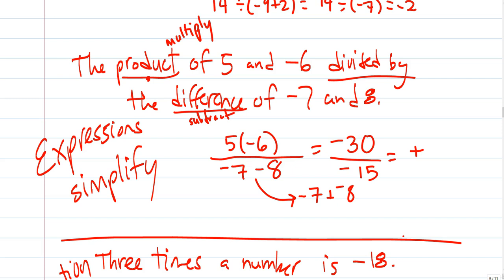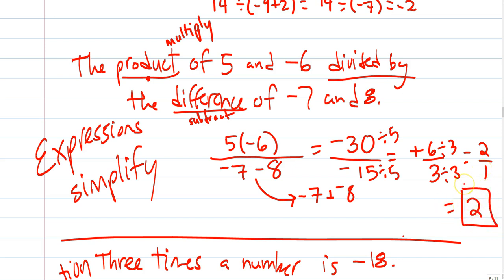I get 2 and I'm done. If you don't see that, you could try to reduce it by dividing the top and the bottom by what they have in common. That would make that a 6 over a 3. If I divide the 6 and the 3 by 3, I would get 2 over 1. That's fine. Really, we should write our answer as 2.